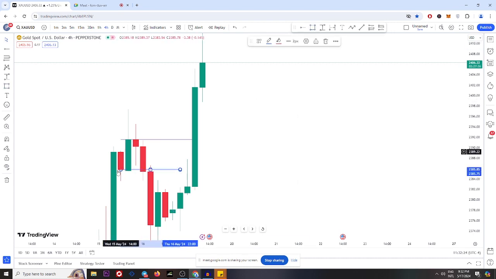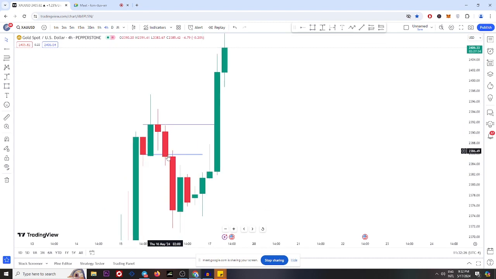It was previously support, now it becomes resistance, we are going to call it SBR. Similarly, when we have this resistance, it is broken here, right? So it becomes a support. So these are the two terms also: support becomes resistance, resistance becomes support.